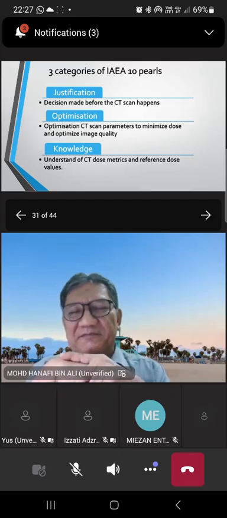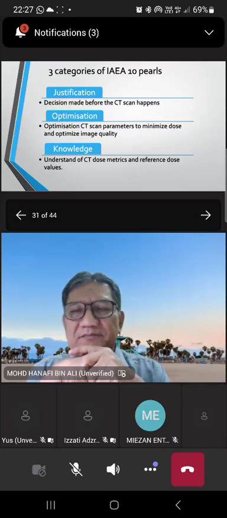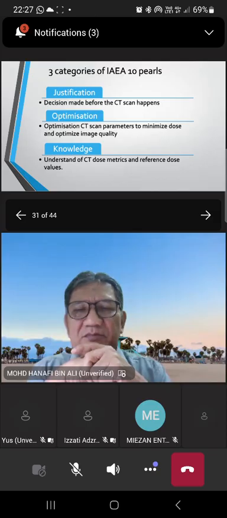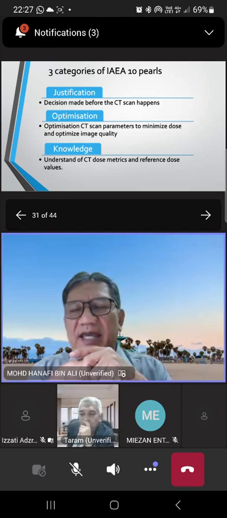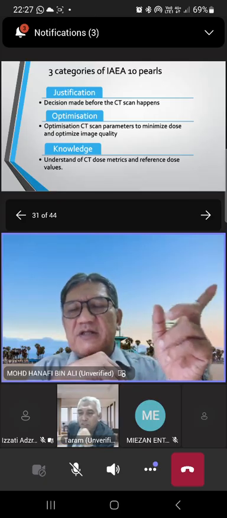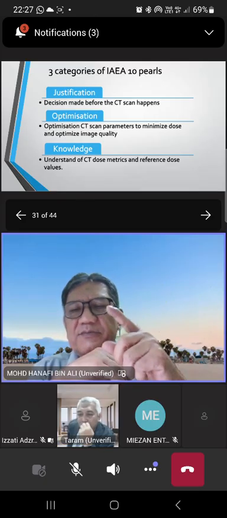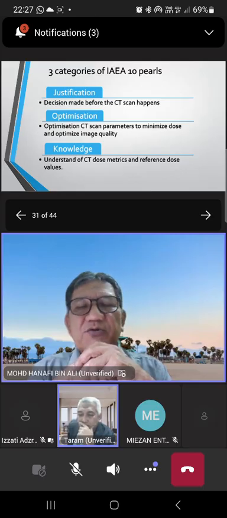So understood. Meaning that you mentioned earlier the effective radiation for the human body is maximum 15 millisievert per year, and that is considered for a normal person, not Asian size or Caucasian? No, that one is the IAEA recommendation. International Atomic Energy Agency.